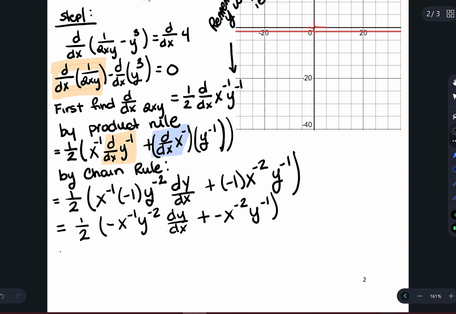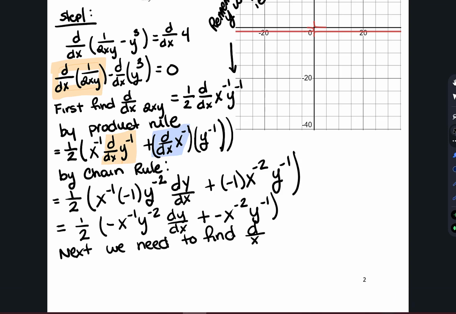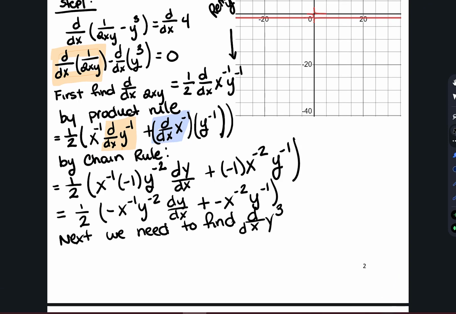So next, we need to find the derivative with respect to x of y cubed. And so again, similar to before, we need to use the chain rule here.